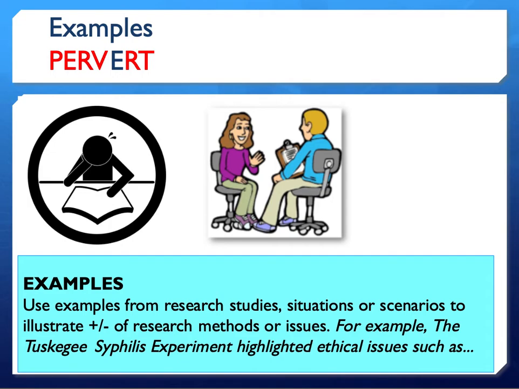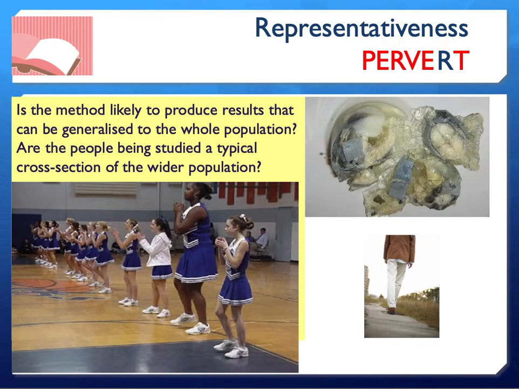But you wouldn't necessarily need to refer to a specific sociological study. You could say they're useful for finding out about opinions to do with a specific topic and so on. And this gets rewarded as an example if you can't think of a specific study that uses, say for example, a particular method.